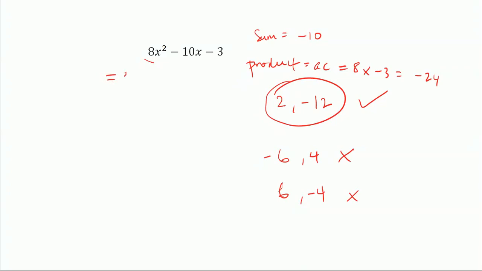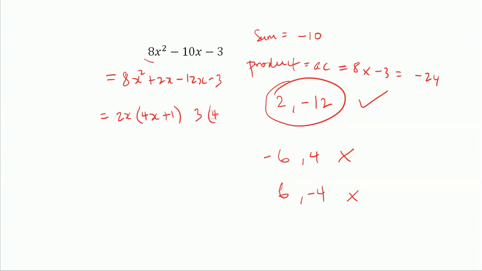So we're going to write 8x squared plus 2x minus 12x minus 3. I'm going to pull out 2x, and this will give me 4x plus 1. Alright, I'm going to pull out 3 from this side.